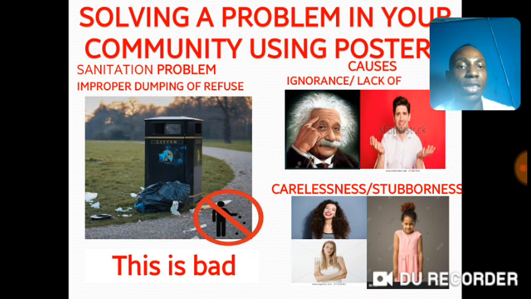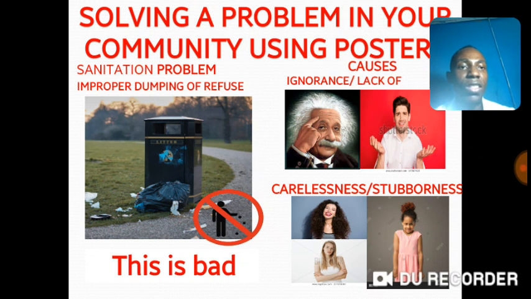That is very bad, isn't it? You are supposed to dump the refuse into the waste bin, not on the floor. Not even in the absence of a waste bin. Good. Now let's look at some of the causes of this problem.